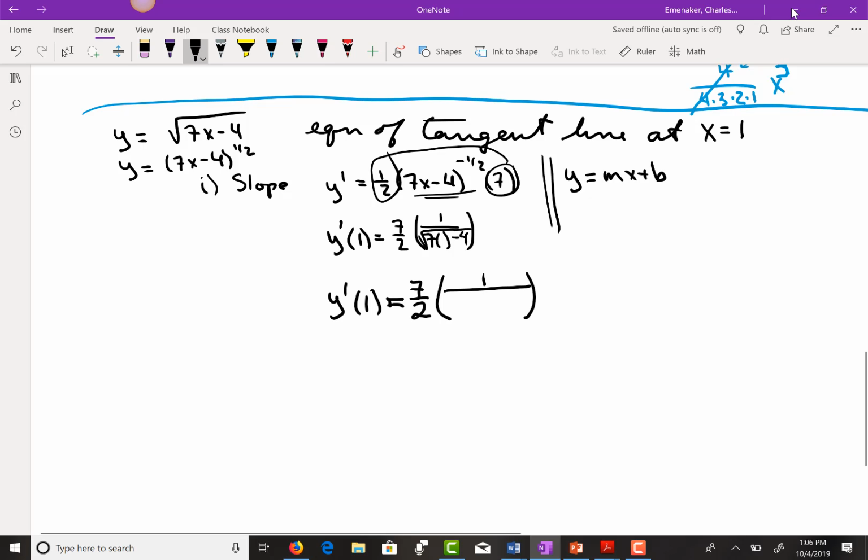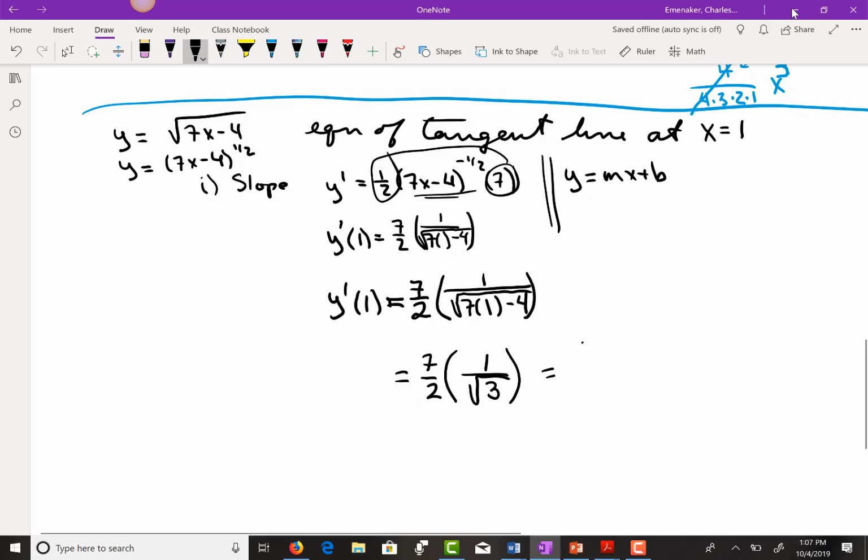The exponent is a 1/2. That's a square root. The function that's inside the square root is going to be 7 times whatever x is minus 4. What's the value of x in this particular problem? 1. So you plug a 1 in here. So this is going to give you 7 over 2 times 1 over the square root of what? 3.